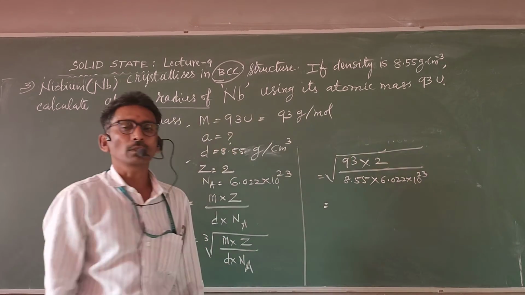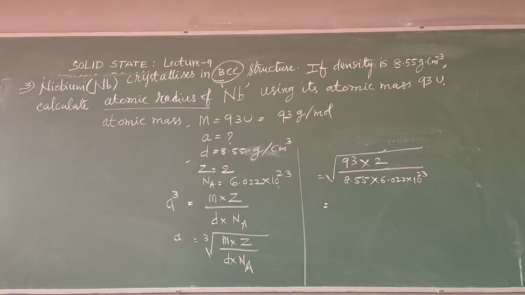After simplification, the available answer is, you try yourself, dear students, 3.31 into 10 to the power minus 8.